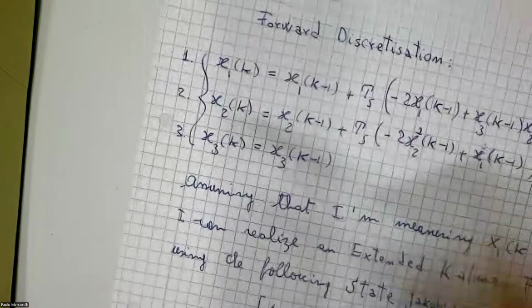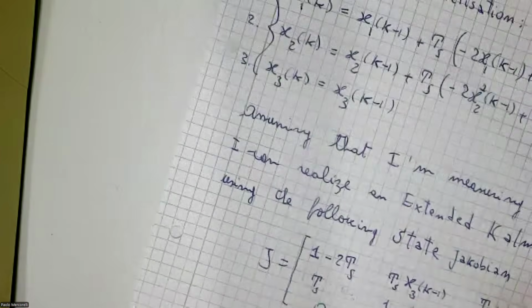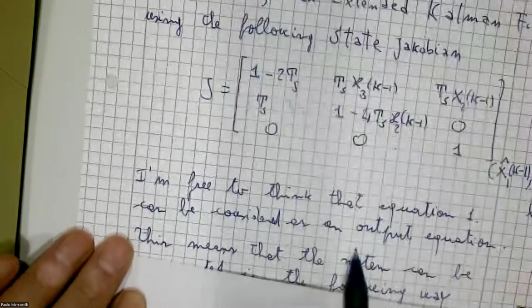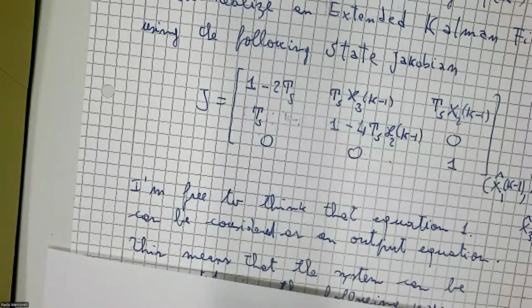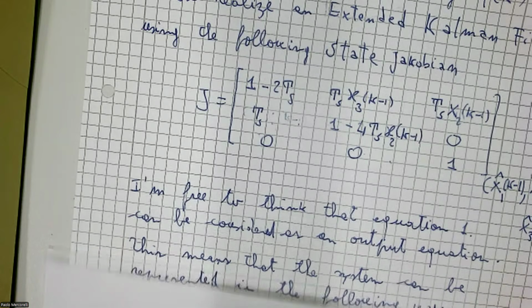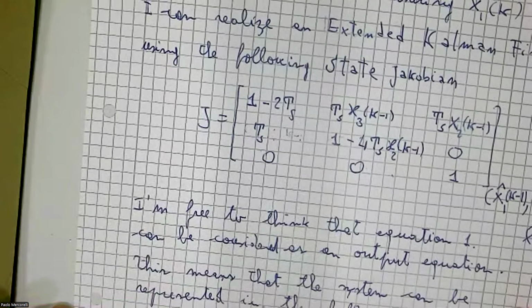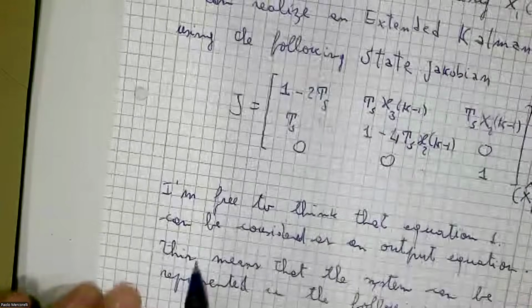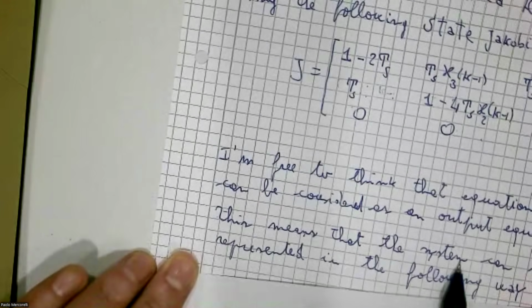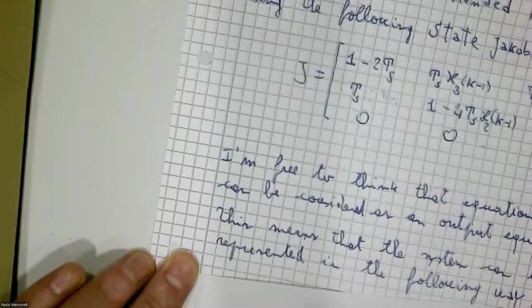Everything which I represent with my concept can be considered as an output equation. A very interesting aspect, because until now we have seen everything represented as a state. This means that the system can be represented in the following way.